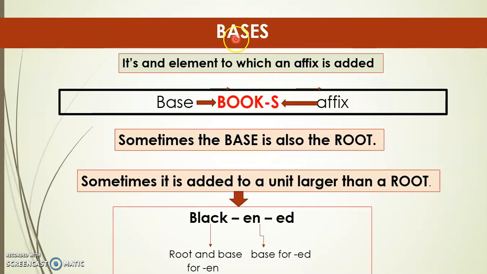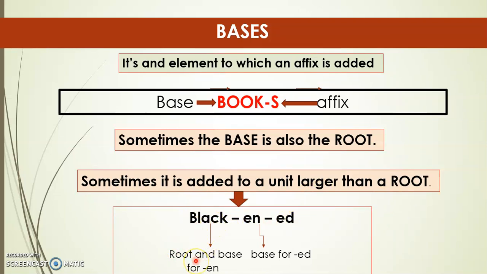Then we have the base. It's an element to which an affix is added. So we have book and the s: the base is book, and the s is the affix because it is attached. Sometimes the base is also the root. Sometimes an affix is added to a unit larger than a root. Have a look at this example: blackened.